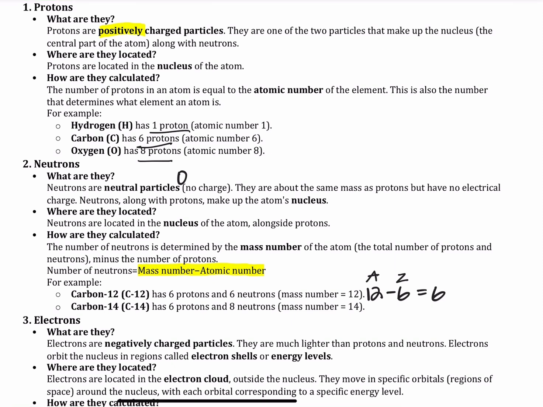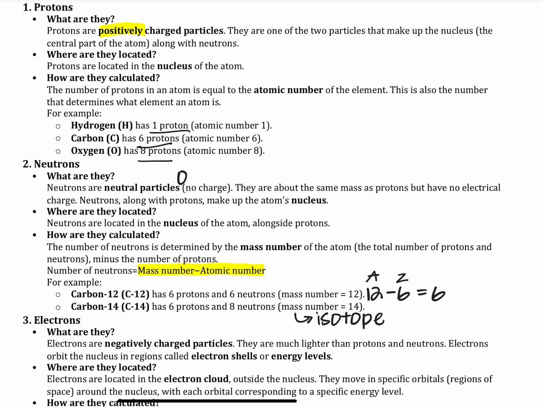It's important to understand that sometimes an element can have different numbers of neutrons, while having nearly identical chemical properties. This is called an isotope. So an isotope is when we have the same element but a different number of neutrons. We're able to tell that change because of a different mass number.